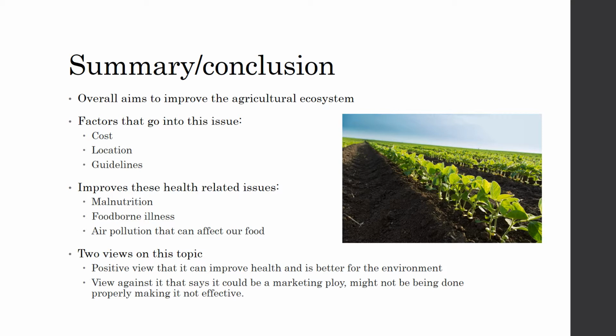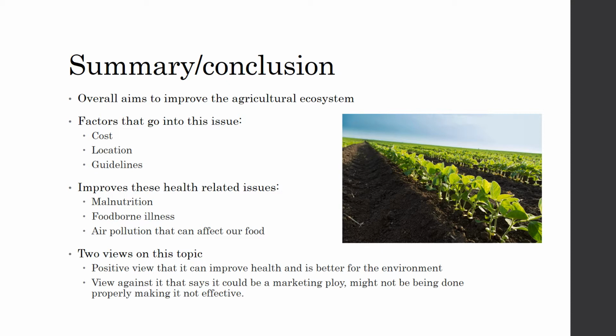So just a summary of some of the things that I talked about. Overall, the main idea is to understand what this system really does, what regenerative agriculture is. It aims to improve the agricultural ecosystem.